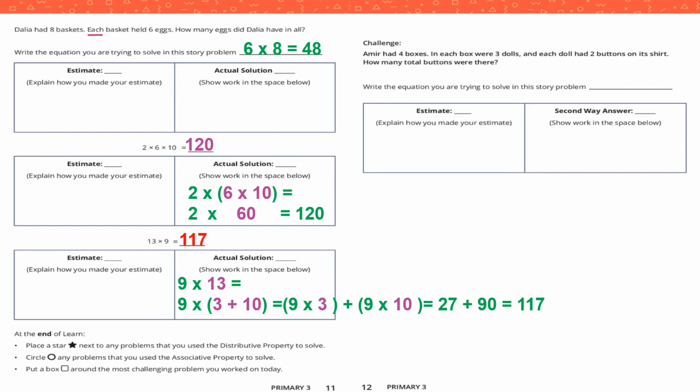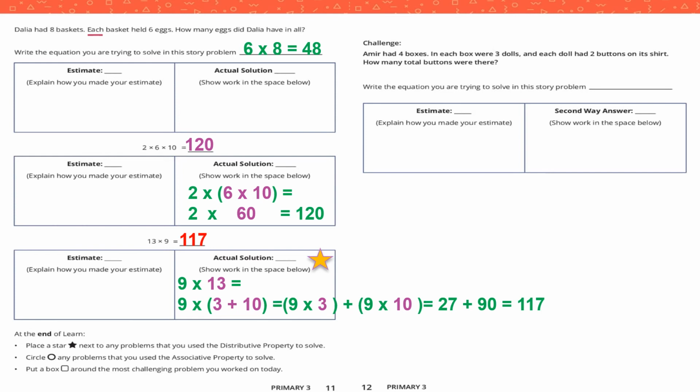At the end of learn, put a star next to any problem that uses distributive property. Which one uses distributive property? The last one. So I will put a star here. Circle any problem that you use the associative property to solve.